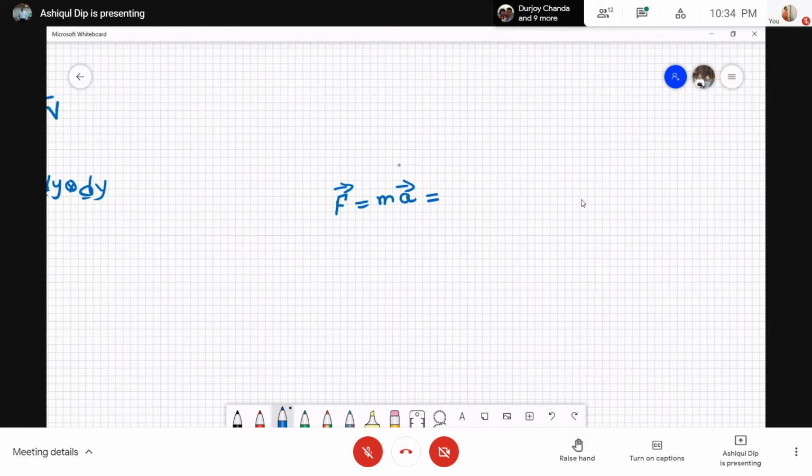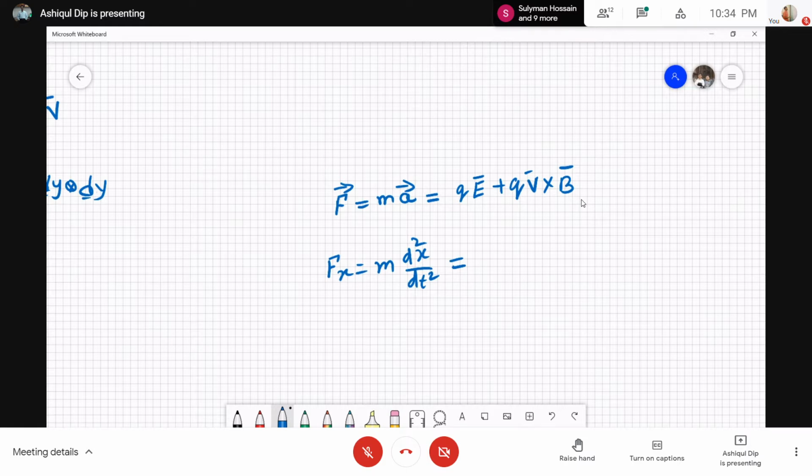Then I have qE plus q v cross B, right? So what's my Fx, which is m x double dot? Here dot means derivative with respect to t only, not tau.